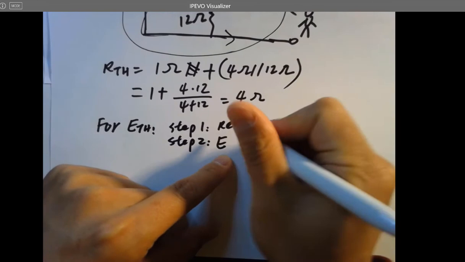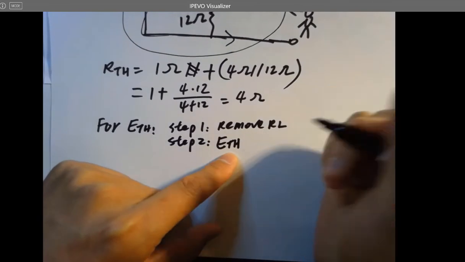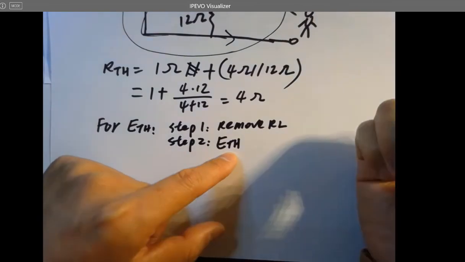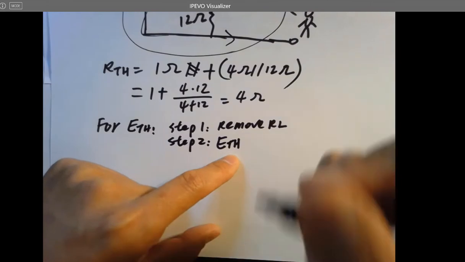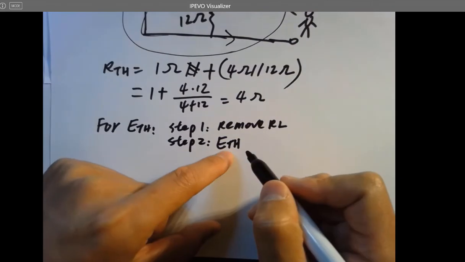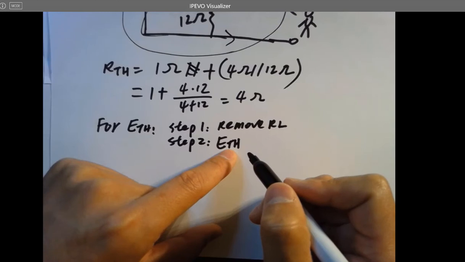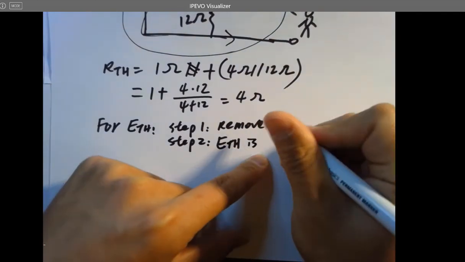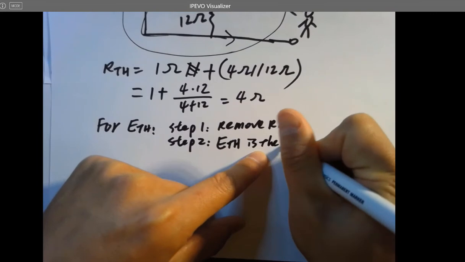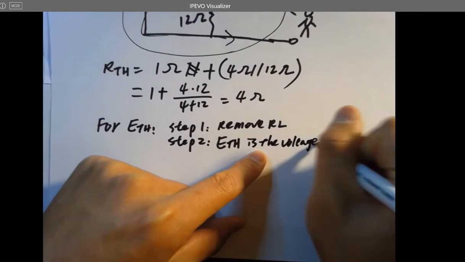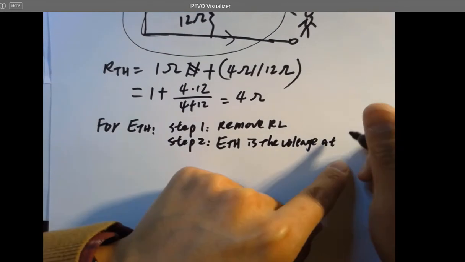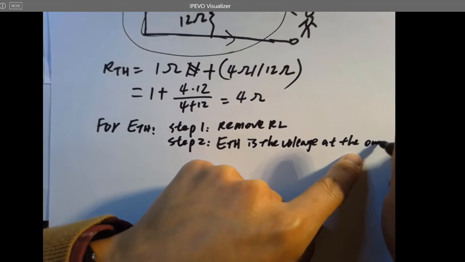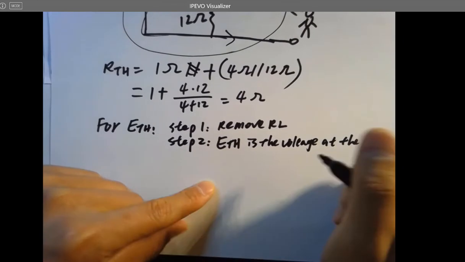It's pretty easy to find. You can use a mesh current method or a node voltage method or whatever method you have learned to calculate the voltage at the output terminals. ETH is the voltage at the output terminal.